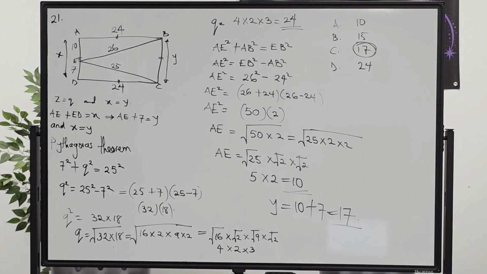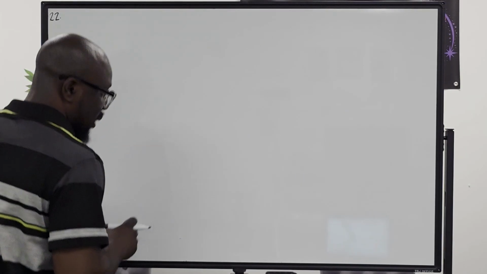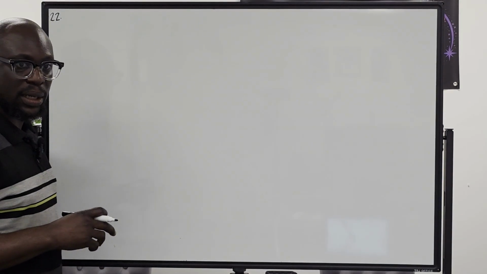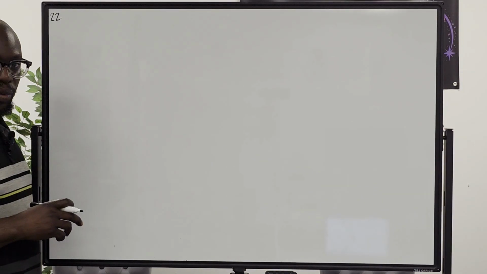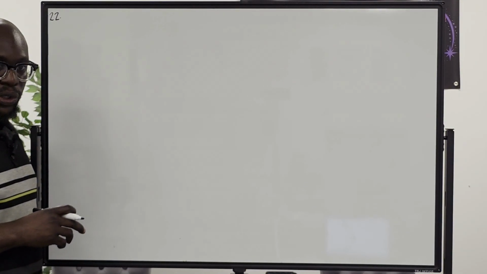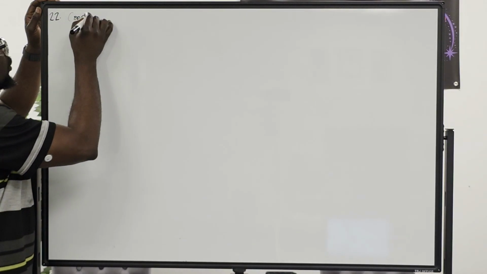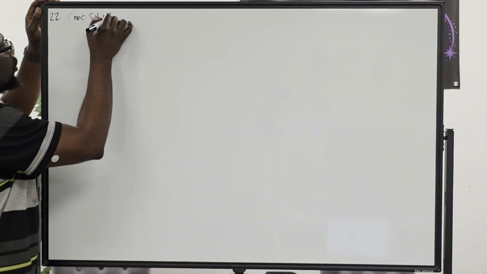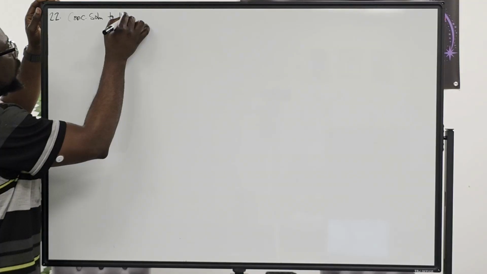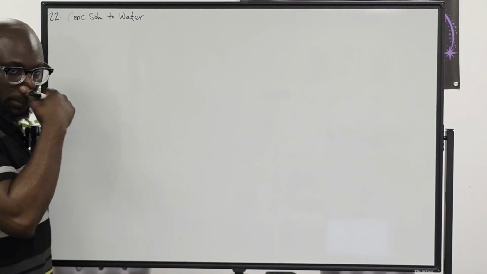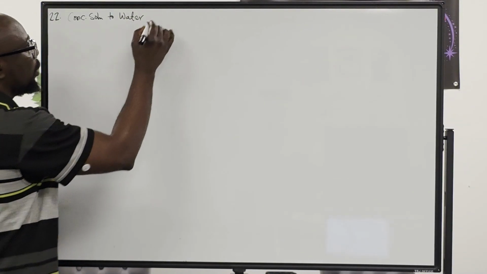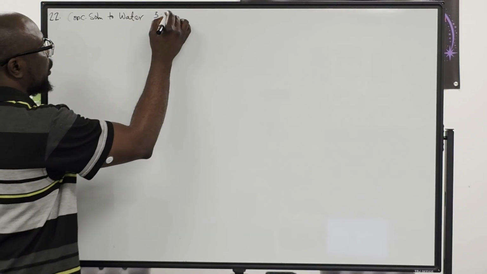Let's go to question 22. Question 22 says, in a particular cleaning solution, the ratio of concentrated solution to water is 3 to 40.